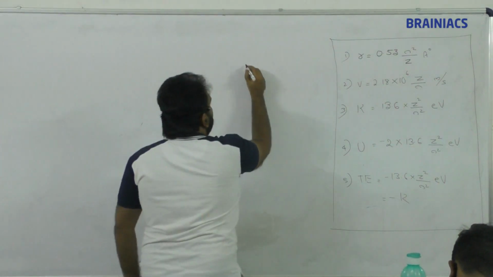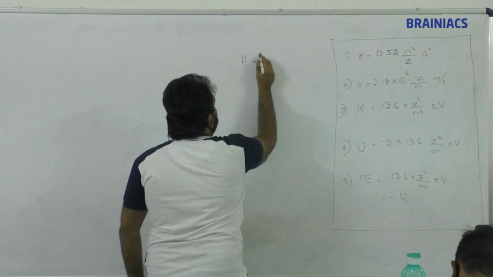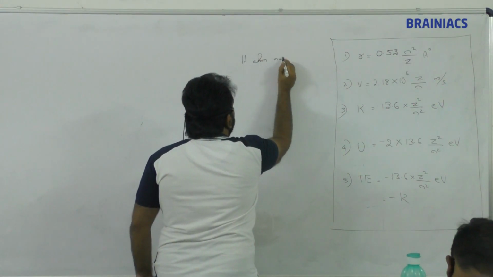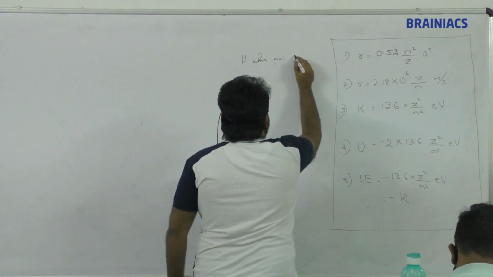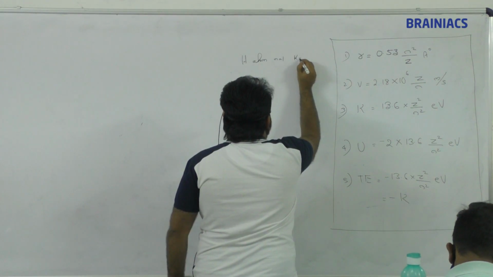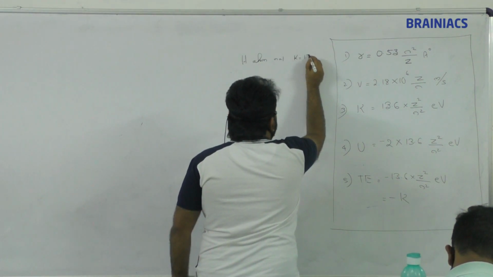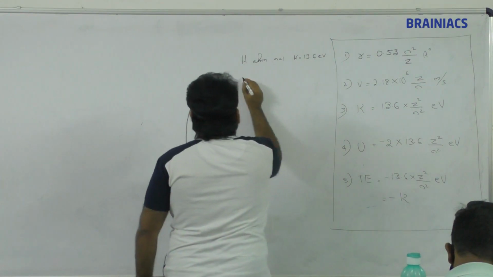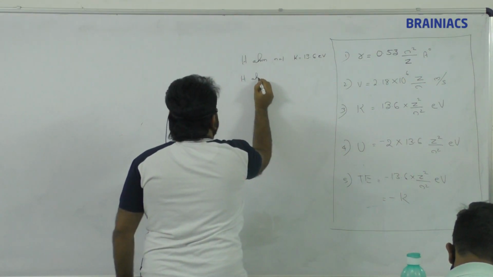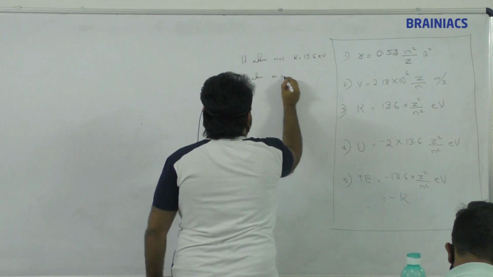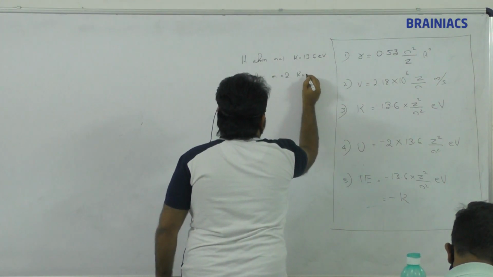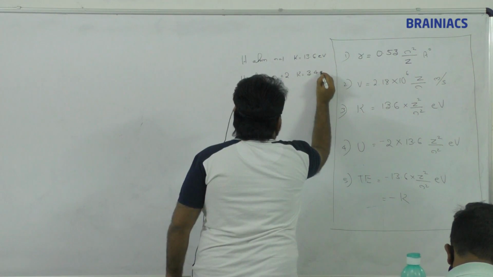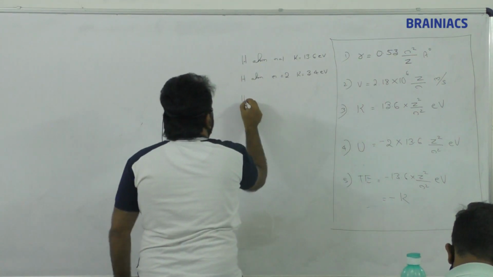For hydrogen atom, what is the kinetic energy? 13.6 electron volt. Hydrogen atom, first excited state is N equal to 2. What is K? 3.4 electron volt.